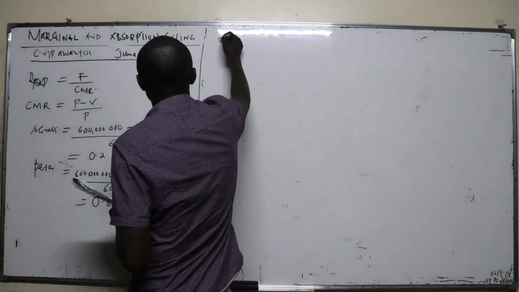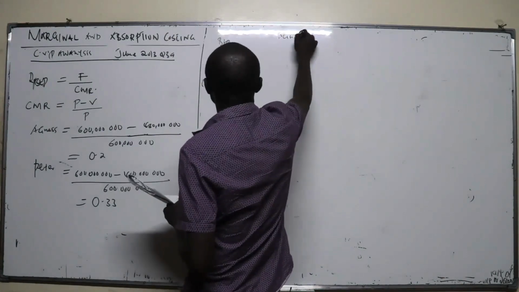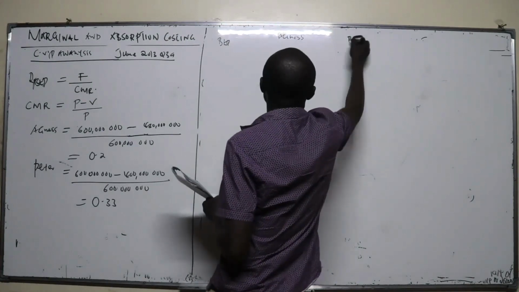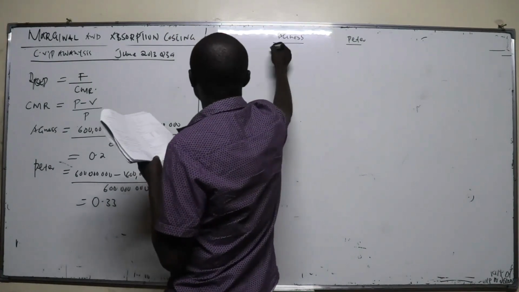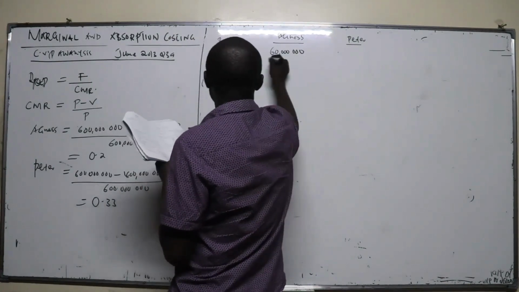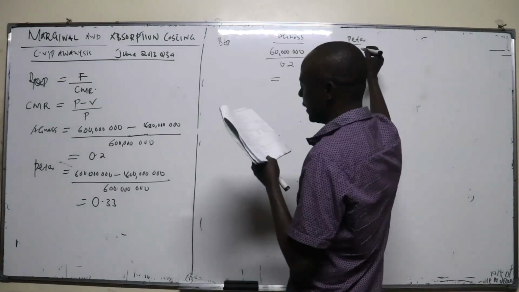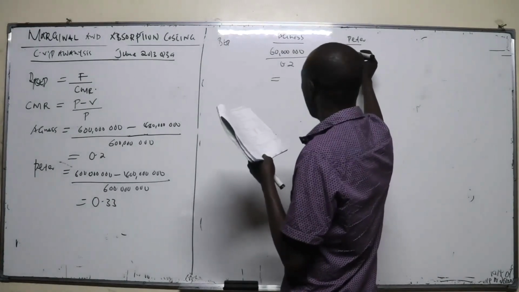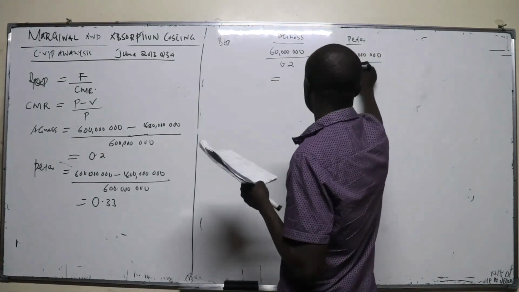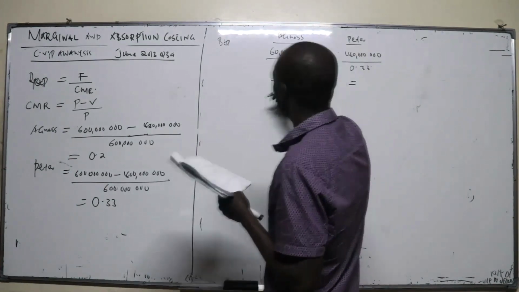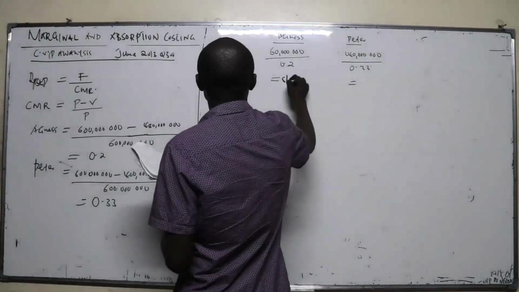Therefore, the BEP, break-even point. We have Agnes and we have Peter. The fixed cost for Agnes is 60 million over 0.2, so you get the break-even. And the other one, the fixed cost is 140 million over 0.33. So the first one, what do you get? Shillings 300 million.